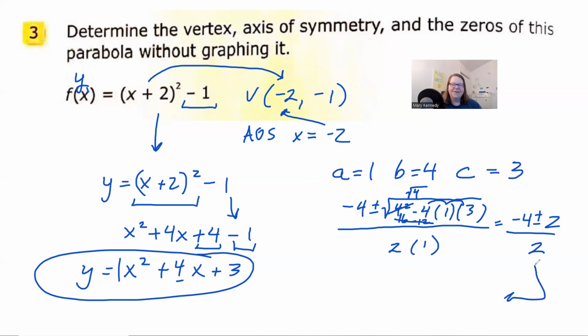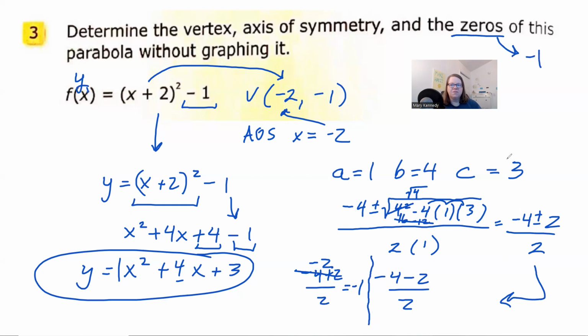All right, so our two solutions are (-4 plus 2) over 2, and then (-4 minus 2) over 2, because it's plus or minus. So -4 plus 2, that's -2, divided by 2 is -1. So one of my answers is -1. So one of my zeros is -1. The other one is -4 minus 2, which is -6, divided by 2. That's -3.